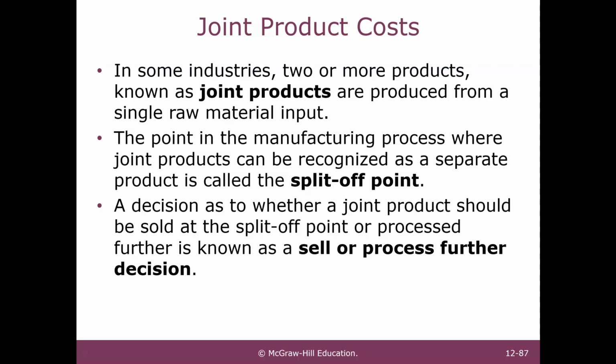The point where the joint products can be recognized as a separate product is the split off point. And then at that split off point, you want to decide whether you process it further or you sell as is.